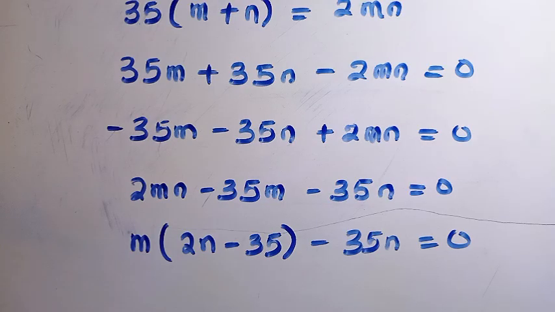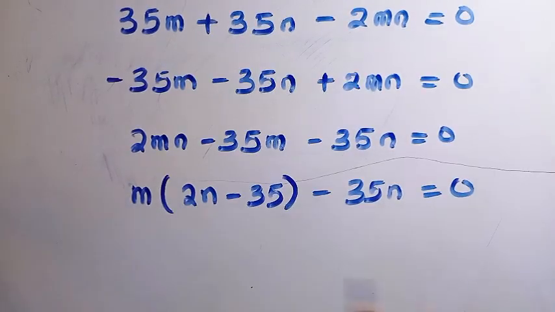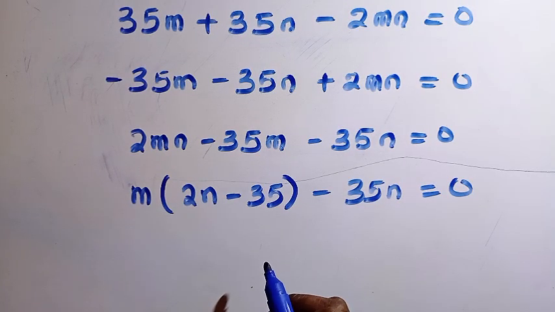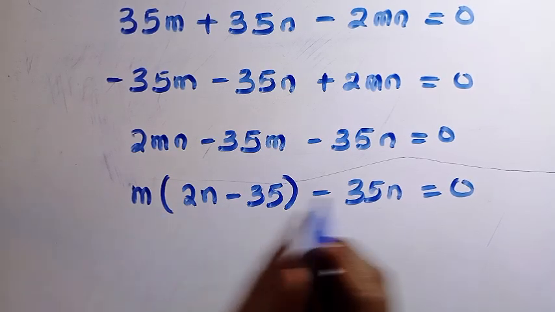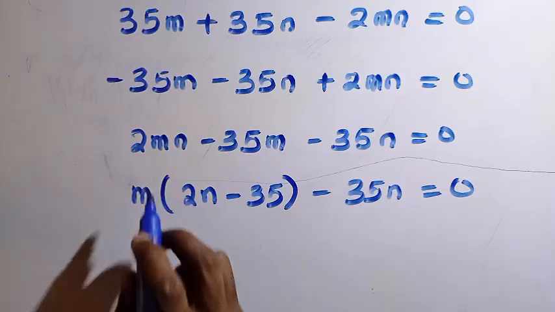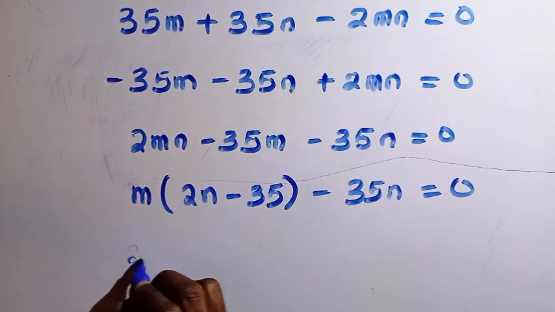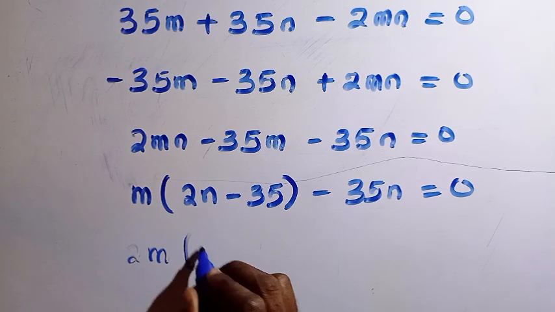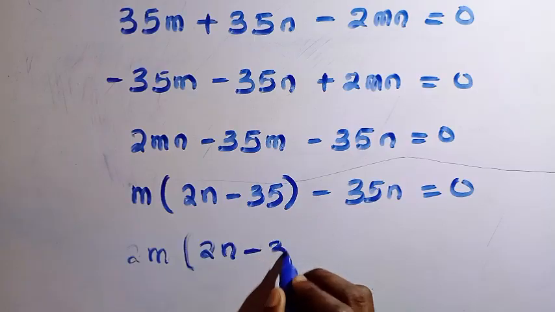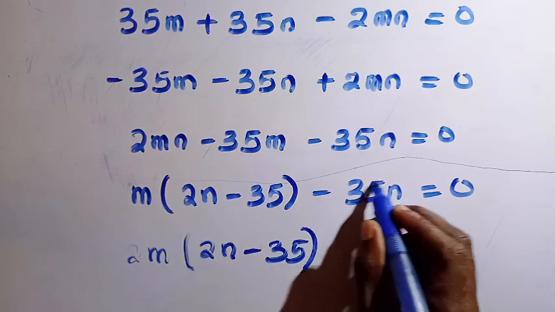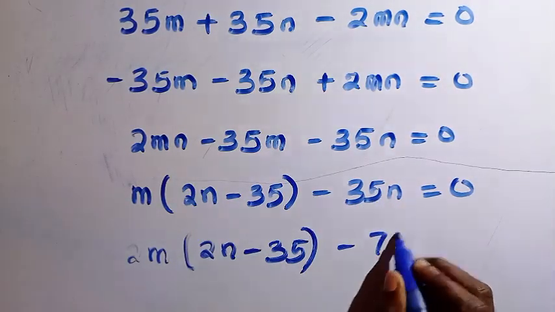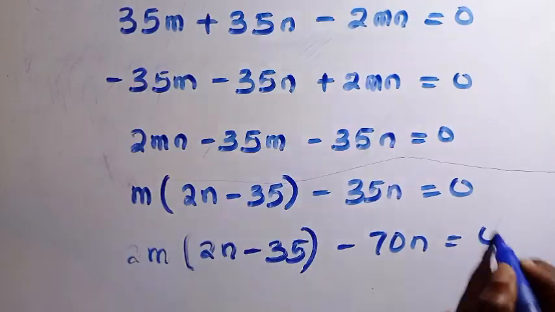I want to have a complete factorization. What I can do here is multiply first by 2. We have 2m into bracket 2n minus 35, then multiplying this by 2, we have 70n equals 0.